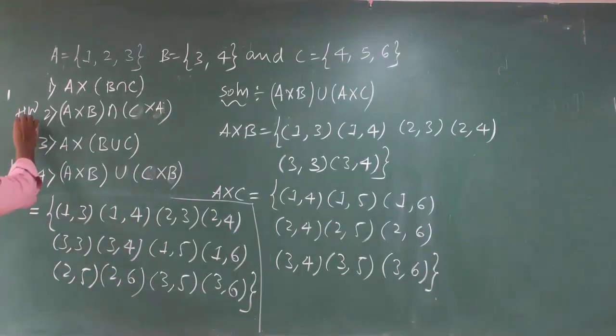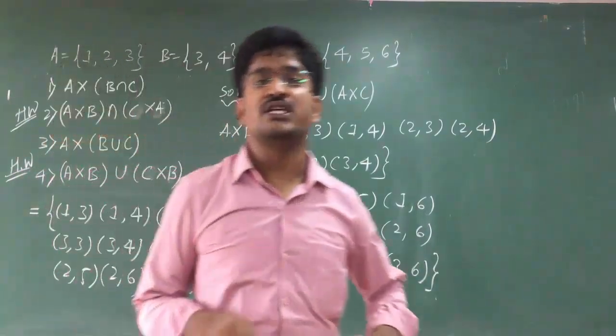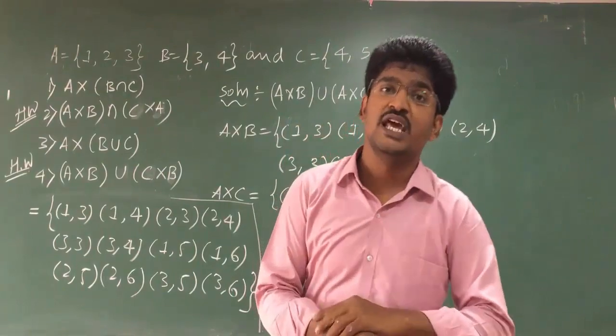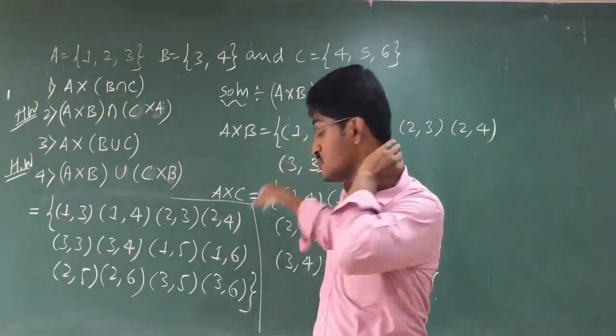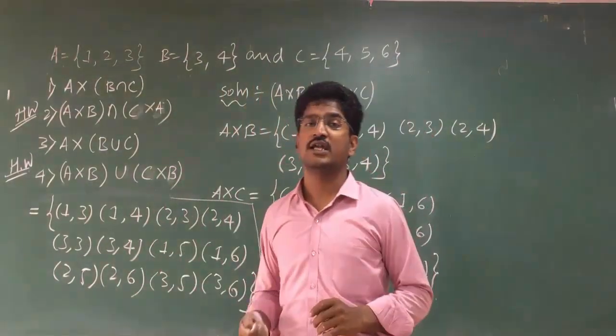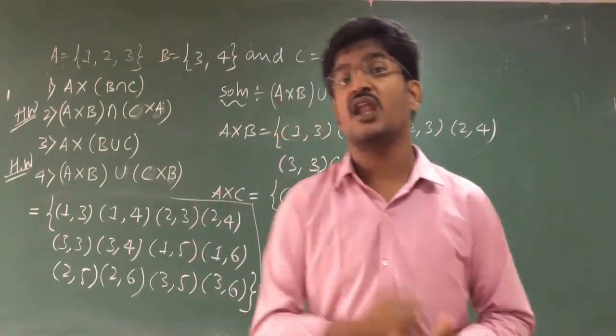Try to solve these two homework problems. Okay? And this particular example is very, very important. I am again repeating that the explanation of these 4 problems which I have solved just now are very, very important. I think you can understand the meaning of my sentence. Clear? Okay.